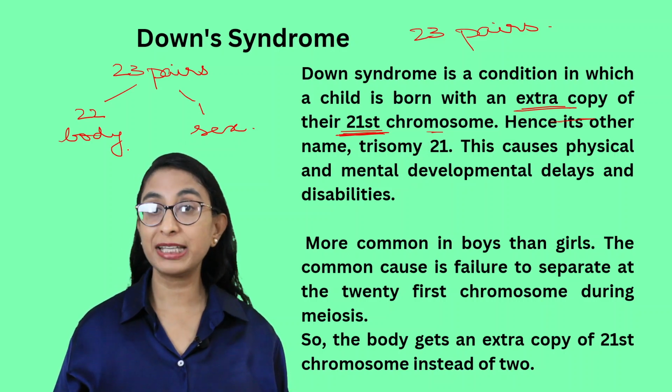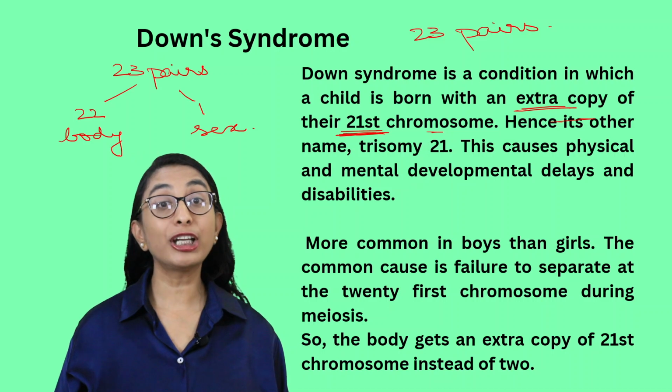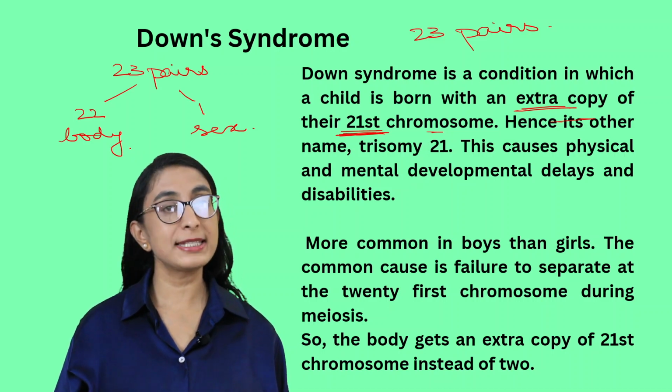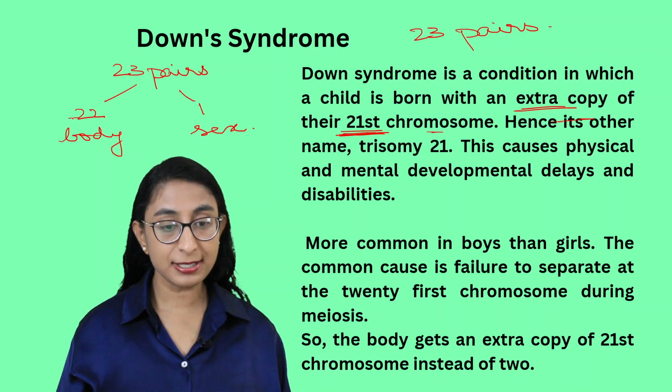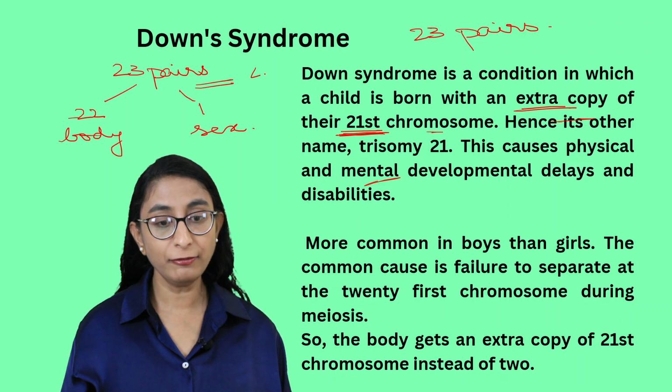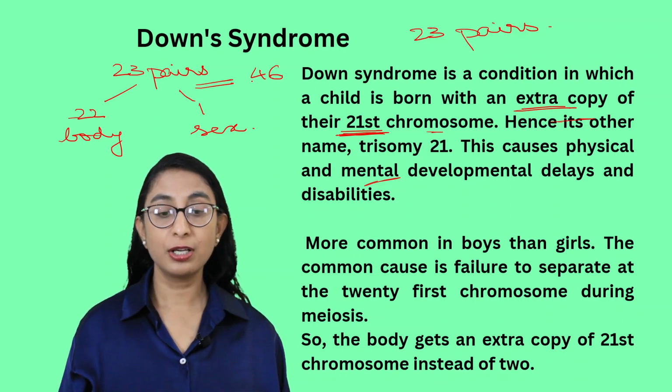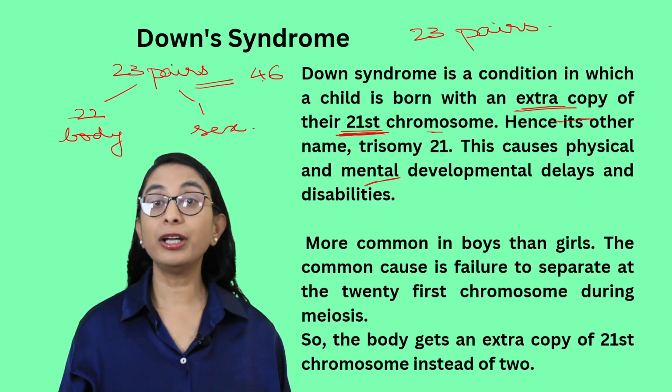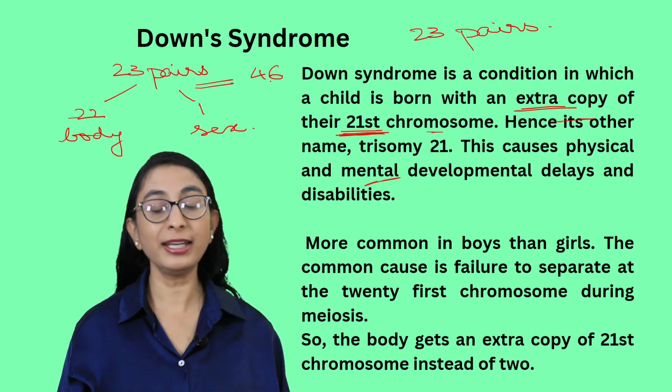If you have to say in number, that means 46 chromosomes. So we can say we have 23 pairs, or we have 46 chromosomes. Out of this 46, 23 comes from the father and 23 comes from the mother.